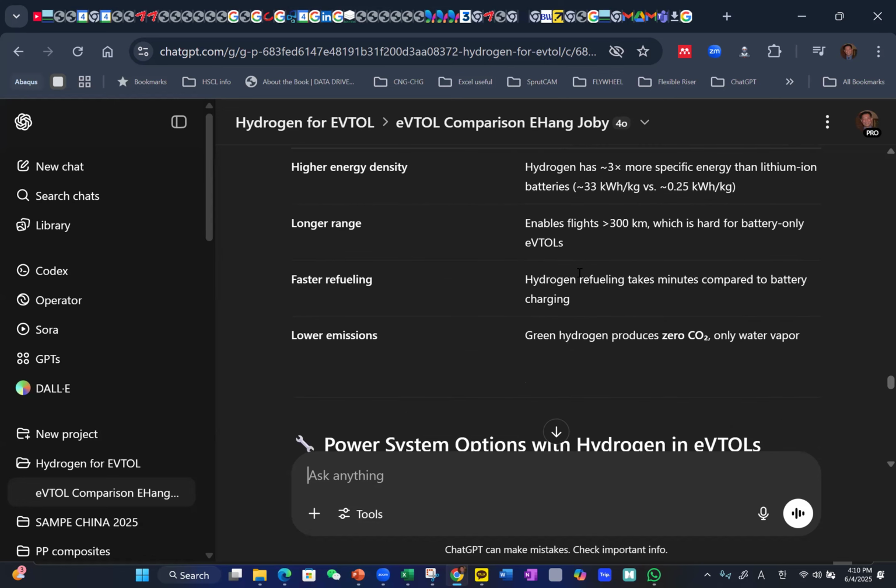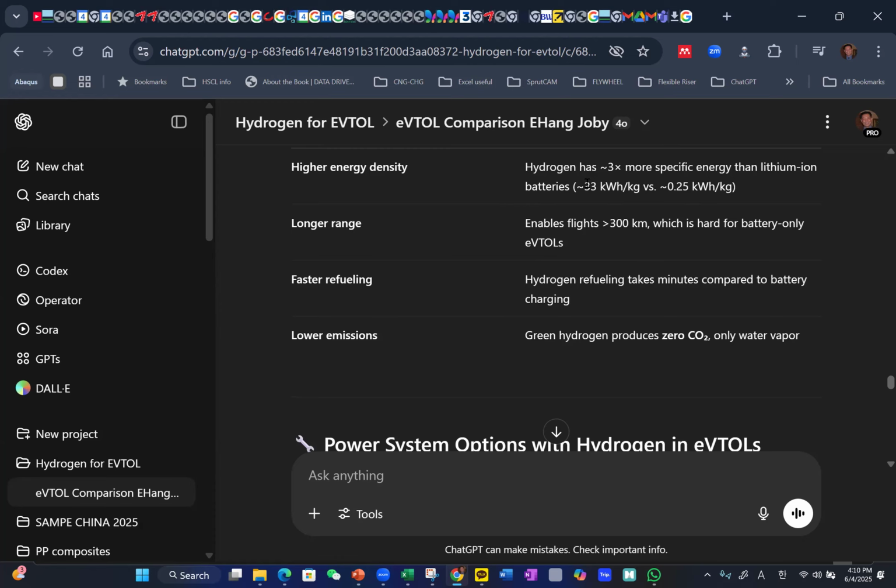And also importantly, the lightweight structure itself can also contribute to saving energy. So with the same weight, we can fly about 3 times more range, which is very significant.